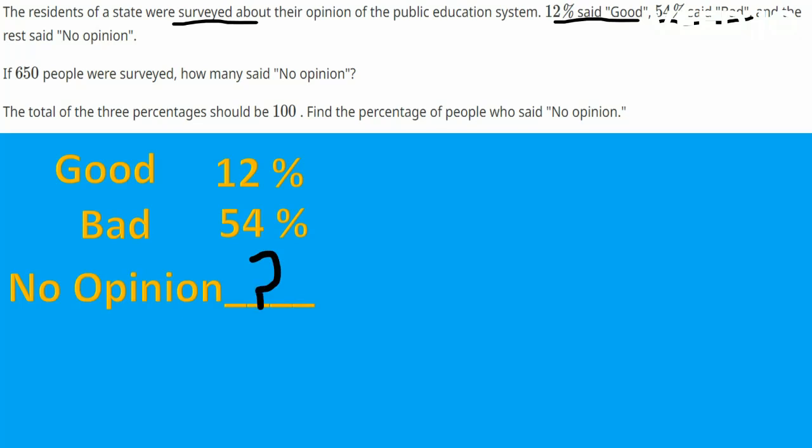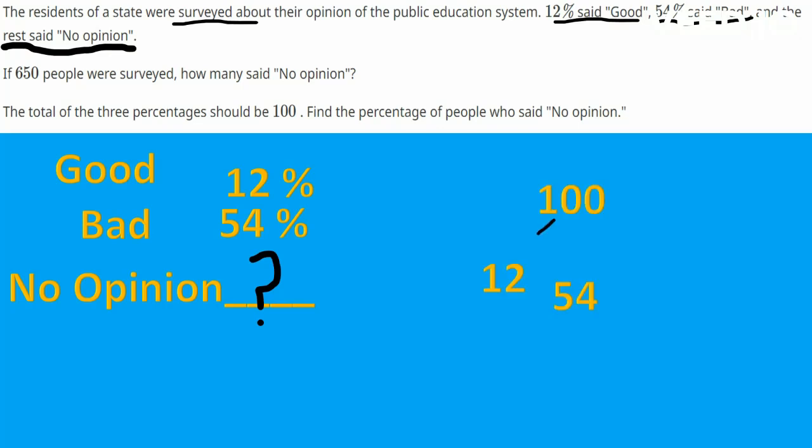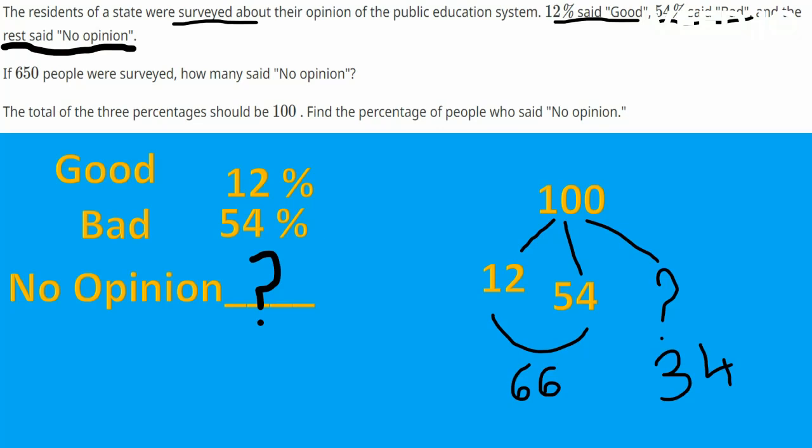Out of 100%, 12 said good, 54 said bad, and we don't know how many the rest said no opinion. So 12 plus 54 plus something makes 100. So 12 plus 54 is 66. So this should be 34. 34% of the people must have said no opinion in the survey.